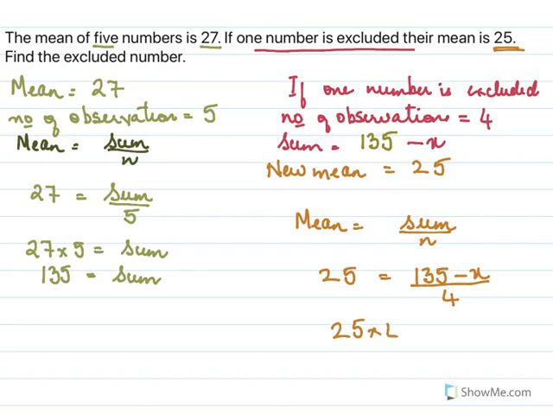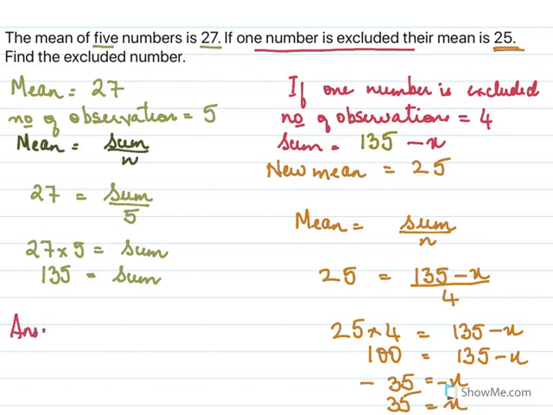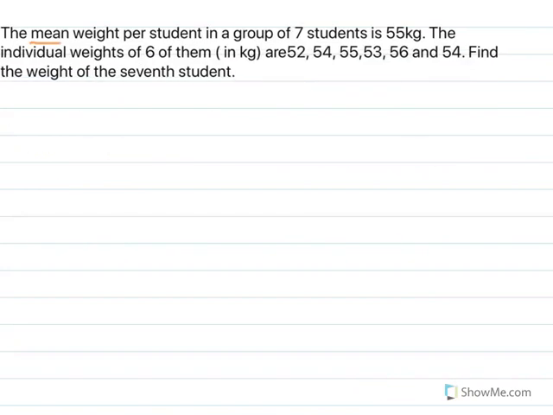So 25 into 4 equal to 135 minus x. 100 equal to 135 minus x. So when you subtract, minus 35 equal to minus x, x equal to 35. So the excluded number is 35.